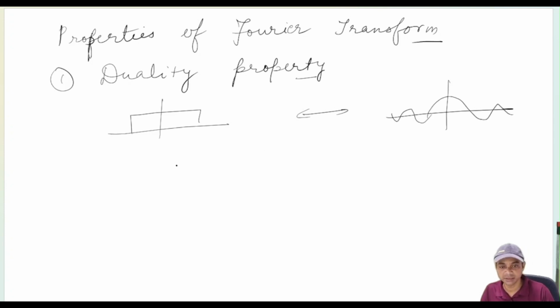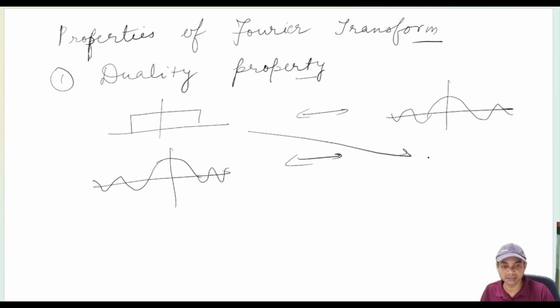Then suppose we write in the time domain a sinc pulse, what will be the Fourier transform of this sinc pulse? It is a rectangular pulse. The Fourier transform of a rectangular pulse is a sinc pulse, and the Fourier transform of a sinc pulse is the rectangular pulse.